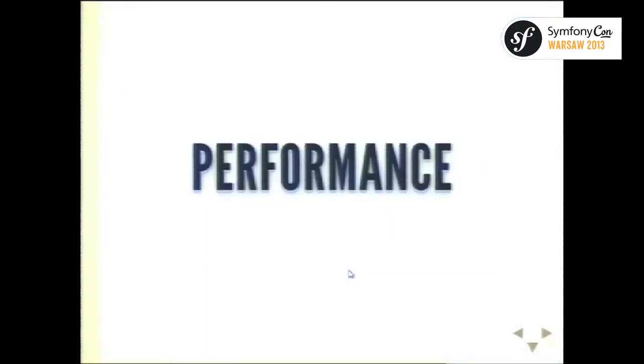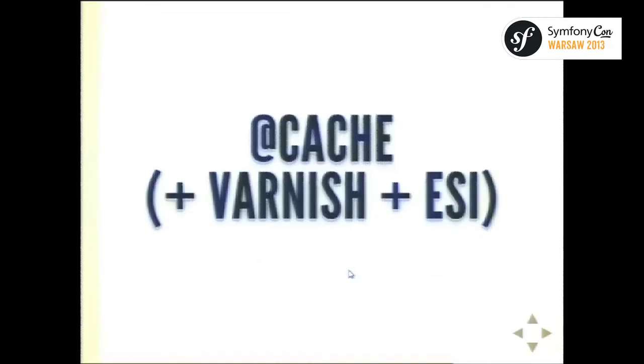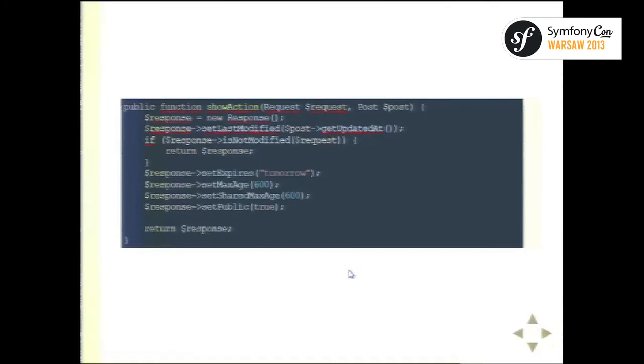Okay, performance. Of course, we are not going to say everything about performance, but only those kinds of annotations which really matter for us, and we will talk about the show action. For me, the really important annotation is of course cache. I have done a few projects with Varnish and ESI caches, and I'm really happy to work with this tool.